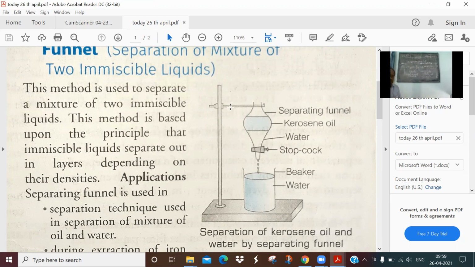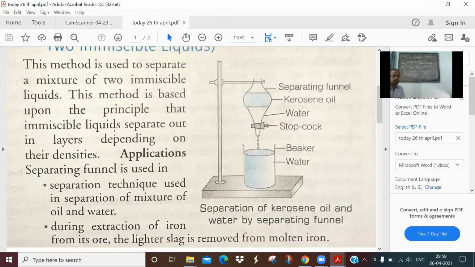Now I am reading it. This method is used to separate two immiscible liquids. It is based on the principle that immiscible liquids separate out in layers depending on their densities. I told you, densities here means heavier and lighter.